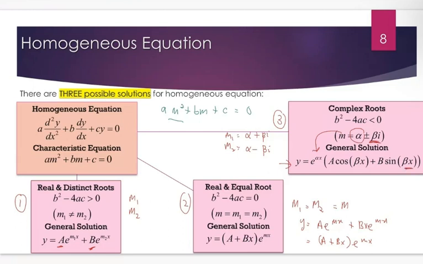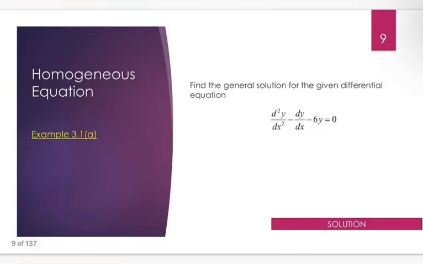So in this solution, there is no i. We don't have any i. We just transform this equation by using Euler's equation. So you write the equation y equal to exponent alpha x multiply a cos beta x plus b sin beta x.